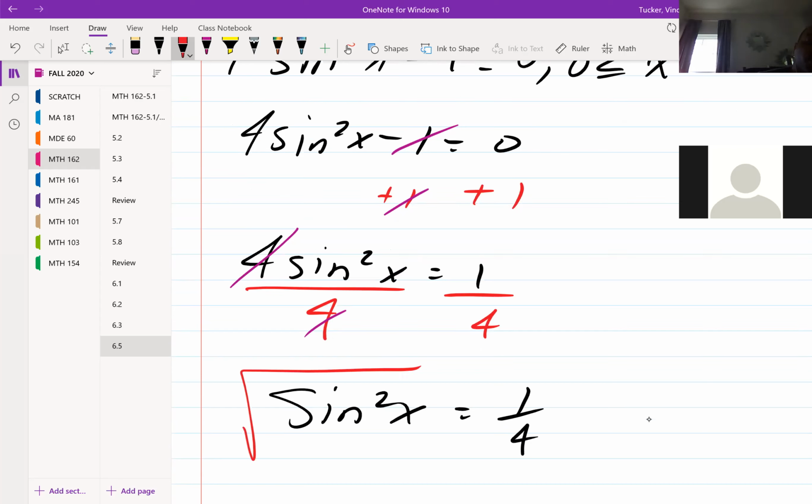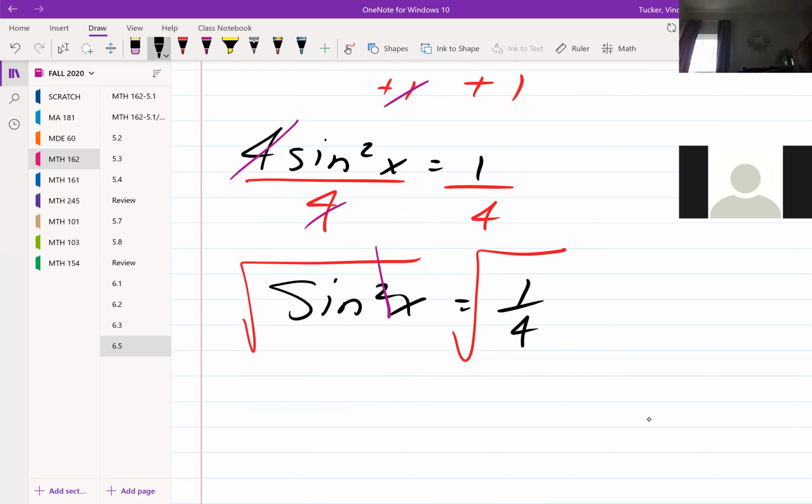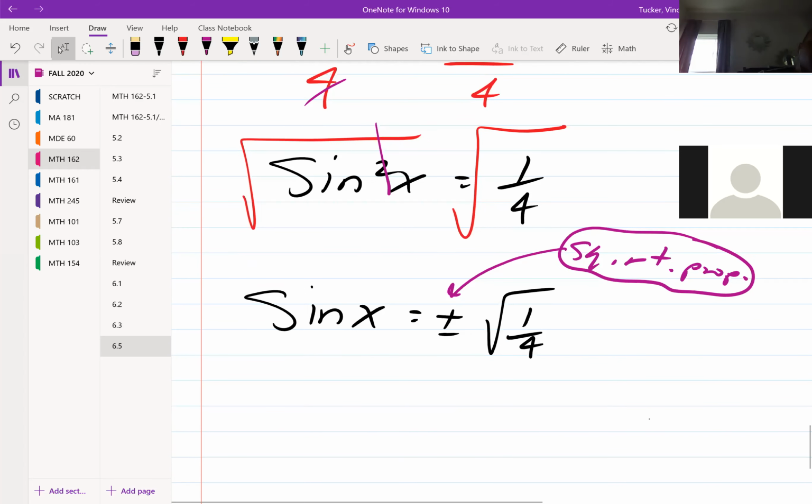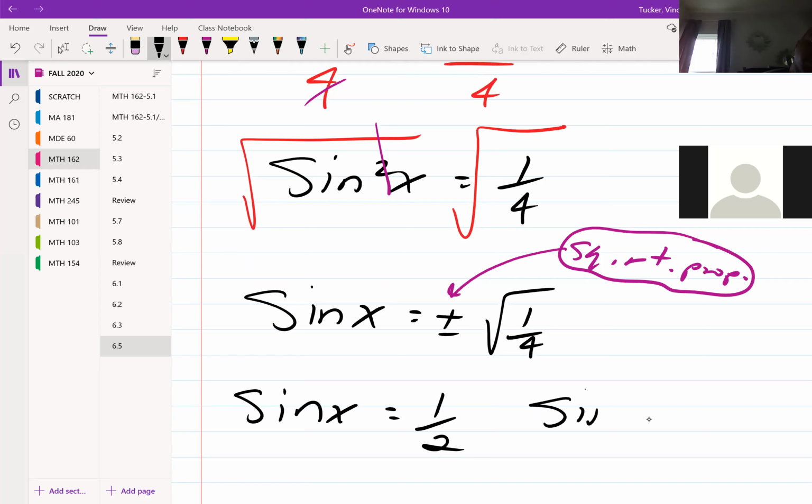Then take the square root of both sides. And don't forget the square root property, plus or minus square root of 1/4. So that means sine x is equal to positive 1/2, and sine x is equal to negative 1/2.